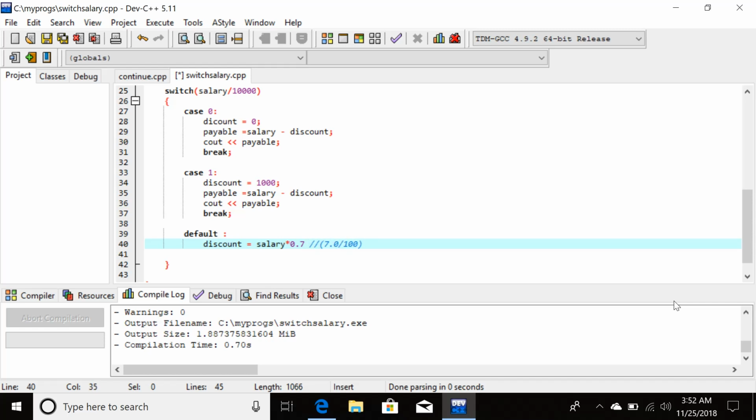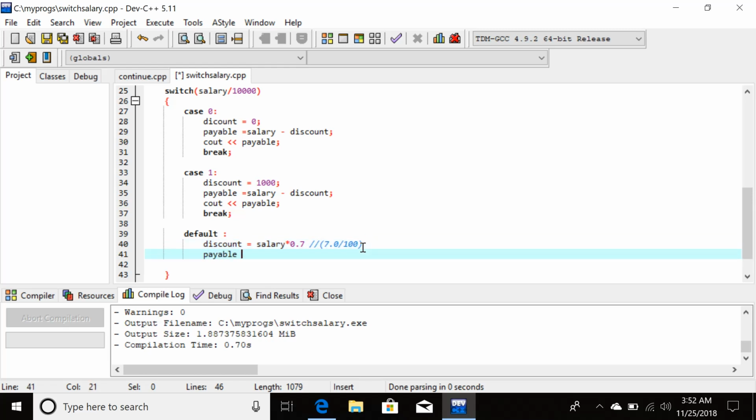I have already talked about why this happens: if I use 7 divided by 100, it will result in 0.07, and that will get truncated and result in 0. So discount will become 0. No, we don't want that. We want the result of 0.07. Either explicitly write 0.07 or write 7.0, because it will make the whole answer a real number and it will not truncate the result. This has been explained in the previous videos, of course.